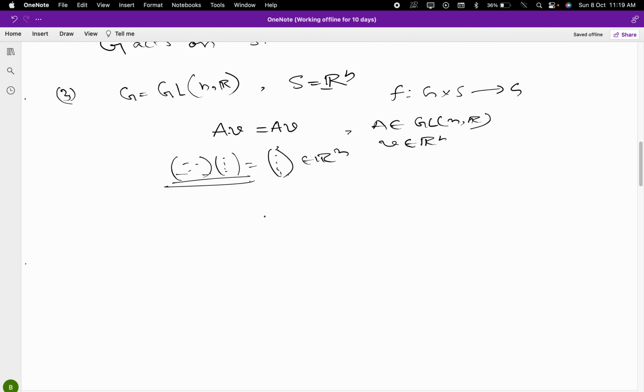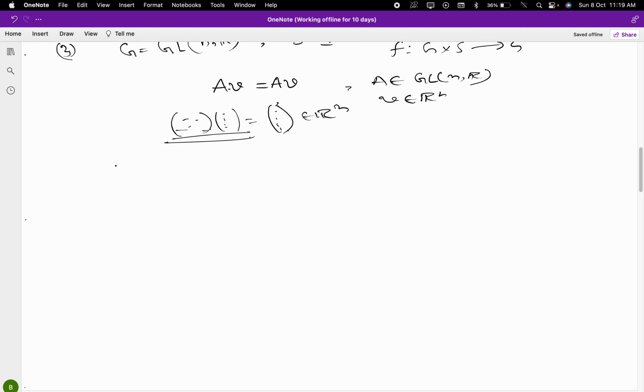Now you just have to check the first property: E, the identity element, acting on V is actually V, so there is nothing to check. For the second property, you take A1, A2 and any element V, and by matrix multiplication, A1 of A2 of V, you can definitely take.